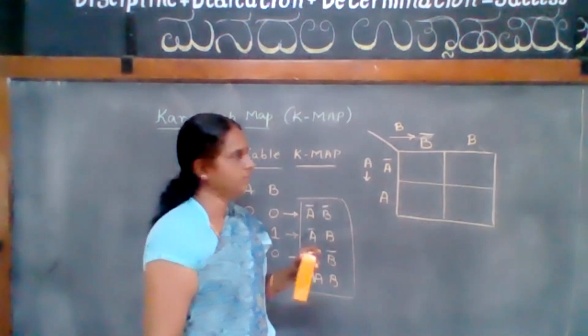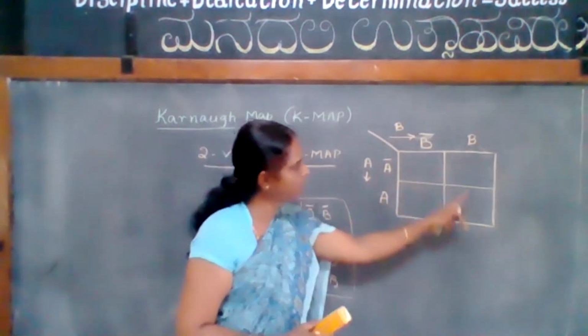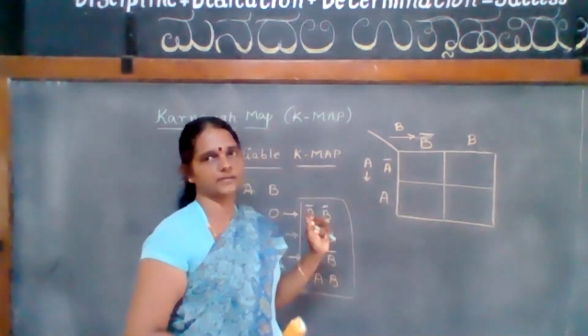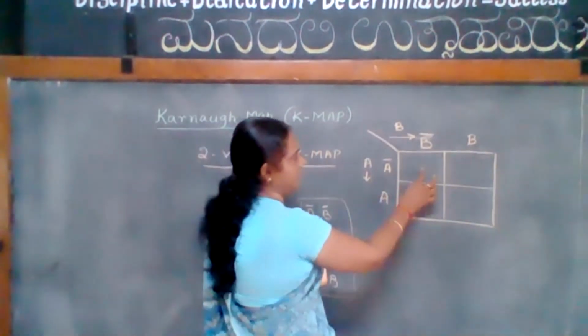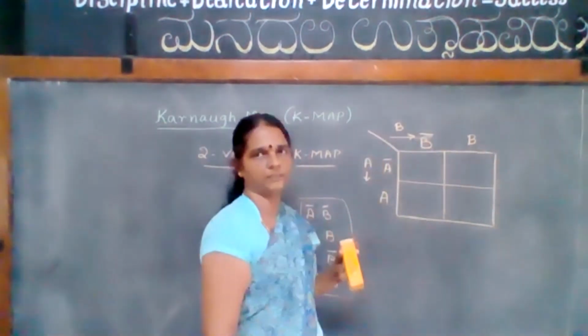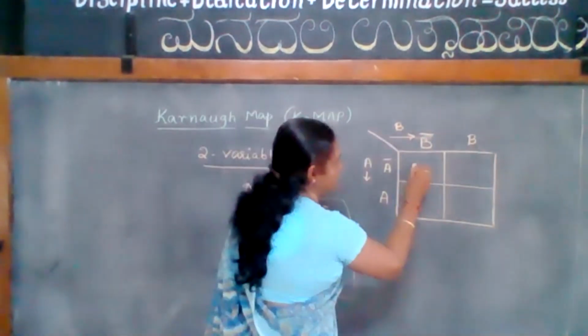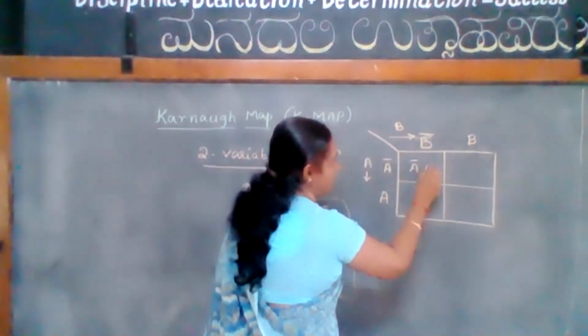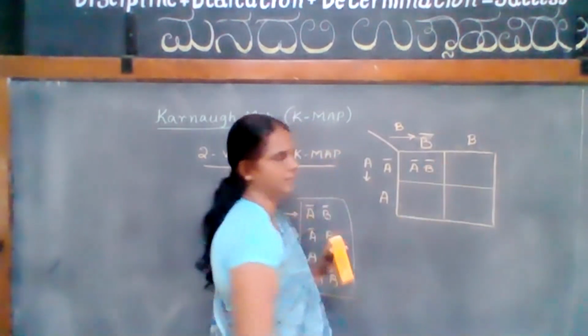Now, the combination of these we have to write for the particular cells. First, this cell is nothing but the conjunction of A complement and B complement, right? So, this cell represents A complement and B complement.